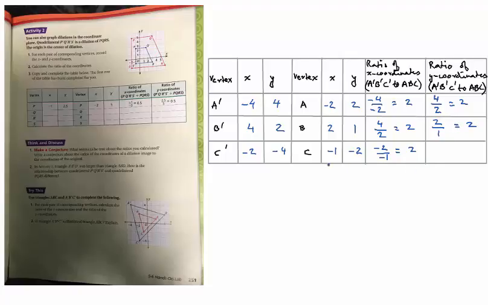And finally the y coordinate of C prime, as we see, is negative 4 over the y coordinate of C is negative 2, and that's also equal to 2. So I think that concludes part 1. For each pair of corresponding vertices we have been able to find out the ratio of the x coordinates as well as the ratio of the y coordinates.